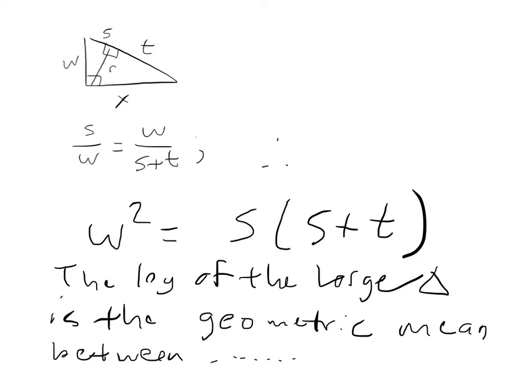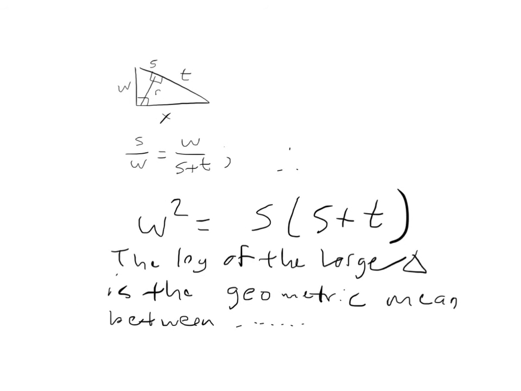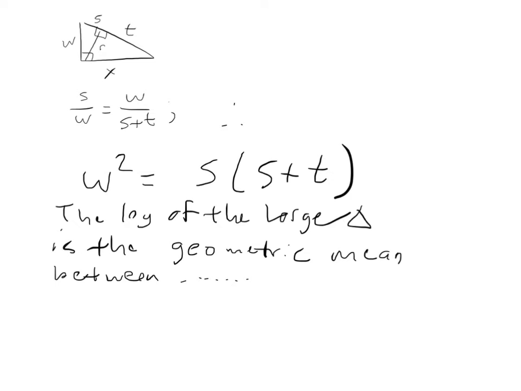Okay, so in this setup, again, what we're looking at is we have our right triangle with the altitude drawn to the hypotenuse, and we set up ratios of corresponding sides. In this case, I've used the small triangle in the upper left to the whole triangle, and so leg to hypotenuse equals leg to hypotenuse.